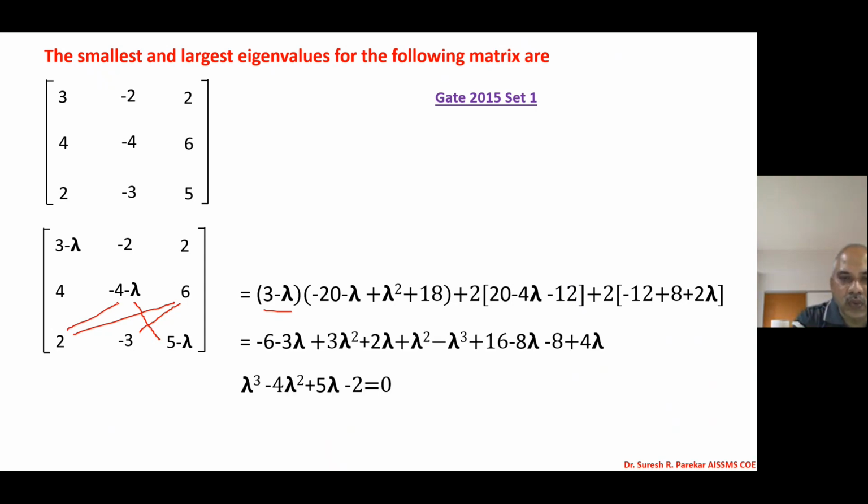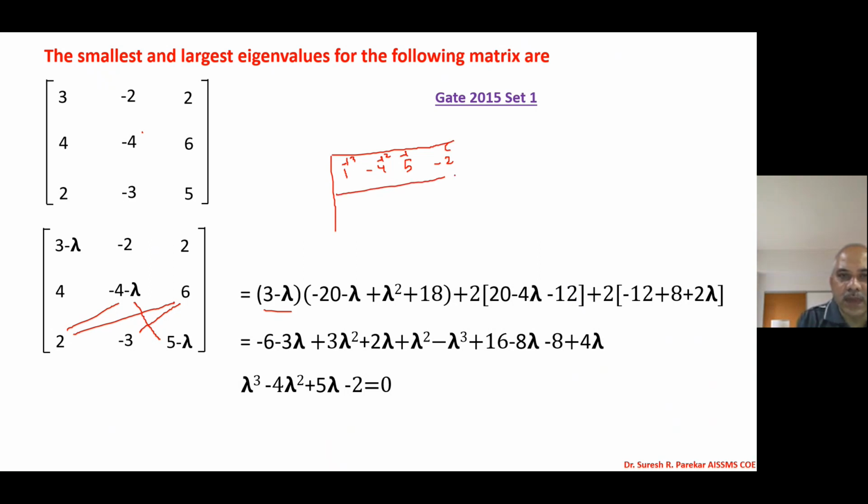And from this we are going to get the equation lambda cube minus 4 lambda square plus 5 lambda minus 2. Now if you remember, we have this one method where we have this as 1, minus 4, 5 and minus 2. This is lambda cube, lambda square, lambda and constant.